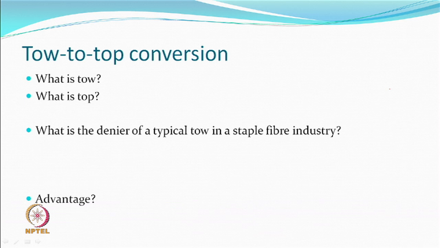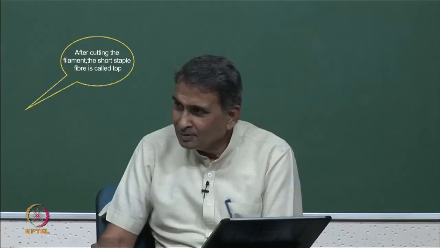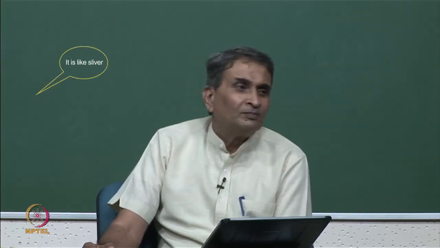So what is a tow? Tow is a bundle of filaments. And what is the top? After cutting the filament, the short staple fiber is cut top. Top is like a sliver.